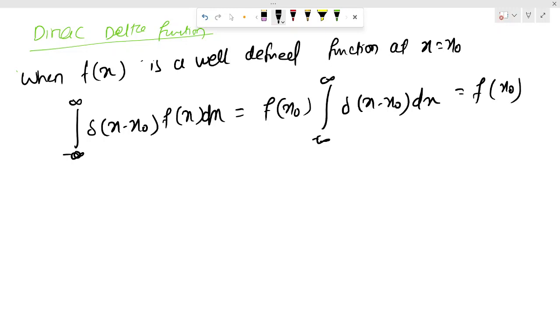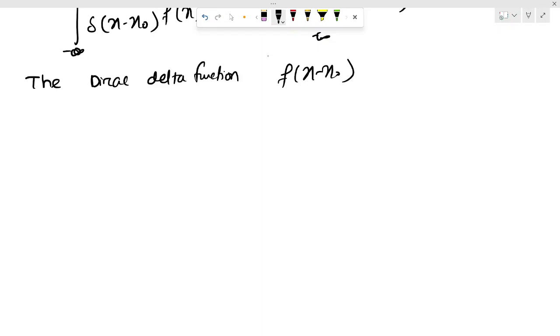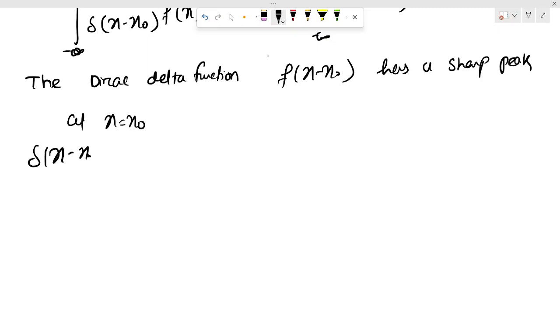Why? Because the Dirac delta function delta x minus x naught has a sharp peak at x equal to x naught, and I can write it as delta x minus x naught equals 0 if x does not equal x naught, and plus infinity if x is equal to x naught.